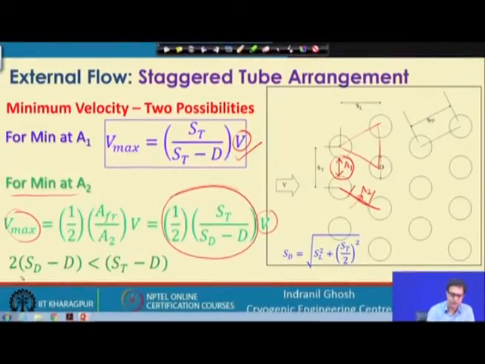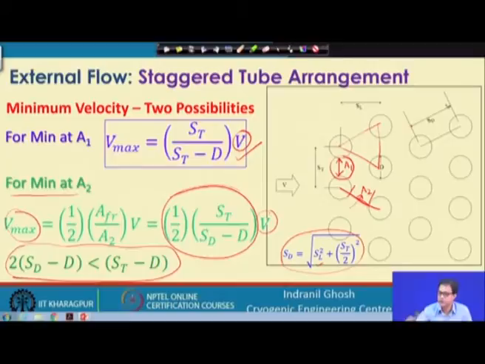And one of the criteria for this V max occurring at A 2, we have estimated to be 2 (S d minus d) less than S t minus d, where S d is the diagonal pitch, and by ordinary Cartesian geometry you will be able to relate it to the longitudinal pitch and the transverse pitch by this relation.